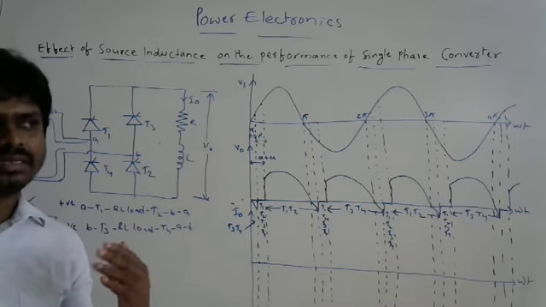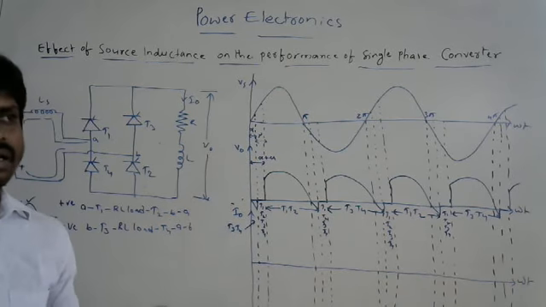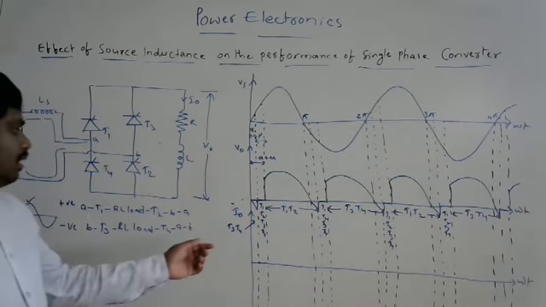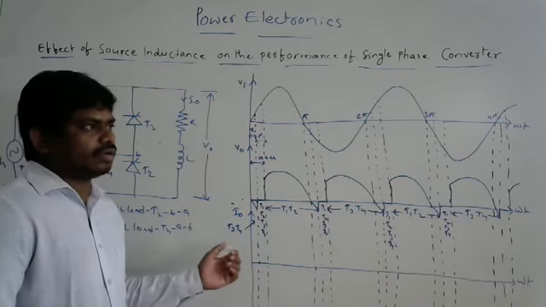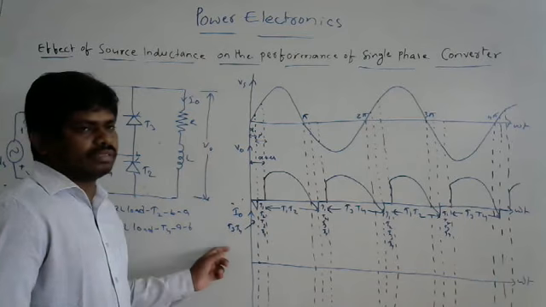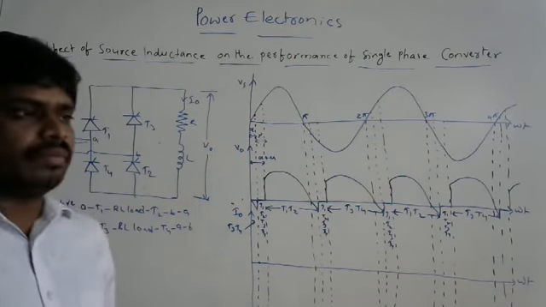Thyristors to which the firing pulse is applied are called incoming thyristors. The thyristors which are already conducting and are going to stop their conduction are called outgoing thyristors. It means here T3 and T4 are trying to come back to the forward blocking state. That's why these are called outgoing thyristors, and T1 and T2 are called the incoming thyristors.